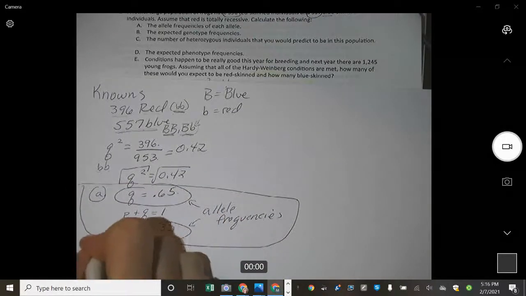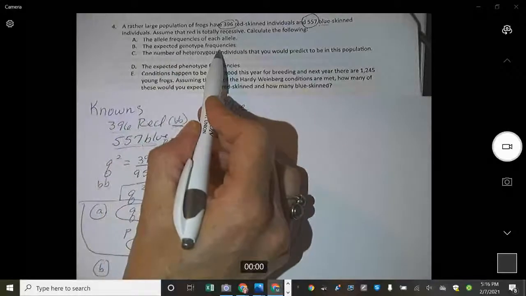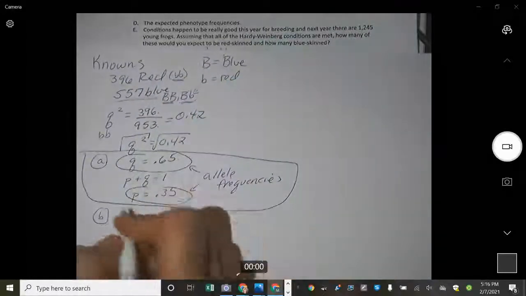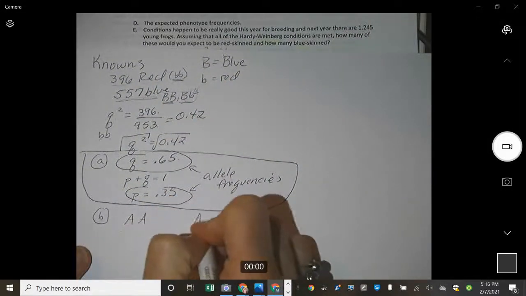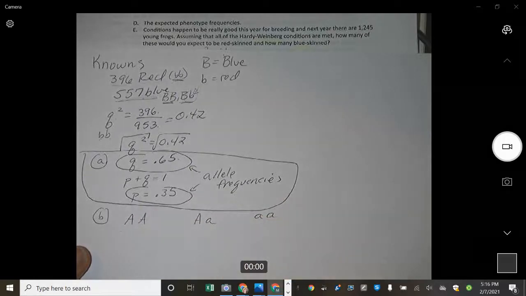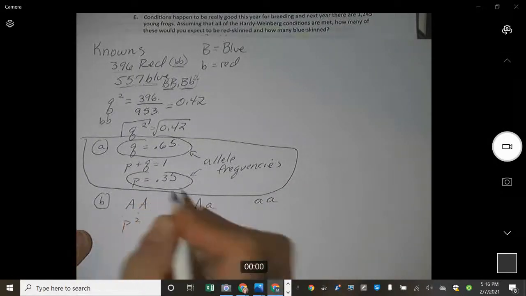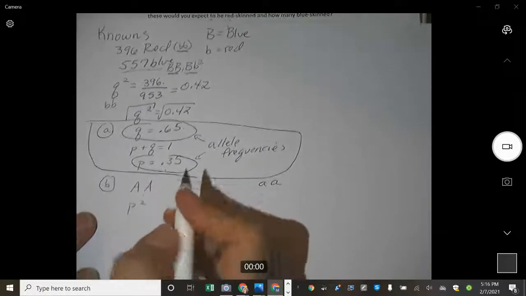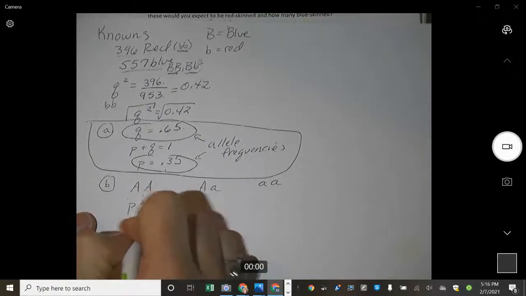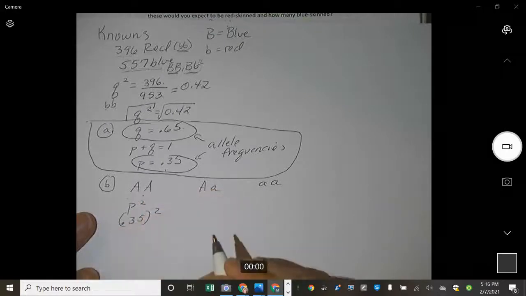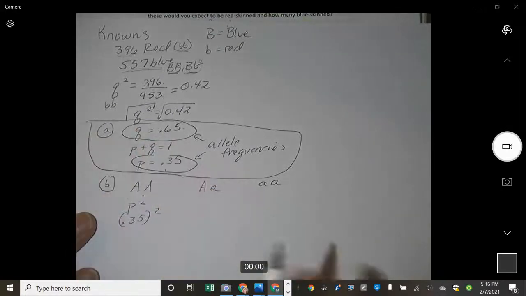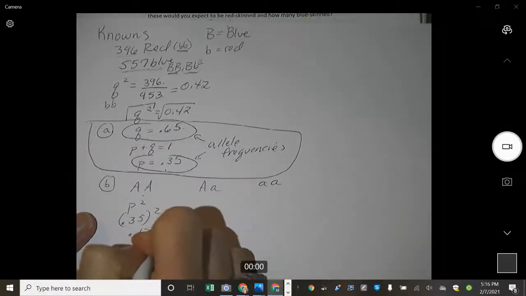For part B, it says, what are the expected genotype frequencies? So genotypes would be big A, big A, big A, little a, and little a, little a. Those are my genotype frequencies. Big A, big A is going to be P squared, and I just found out P was 0.35. So 0.35 squared is 0.12.